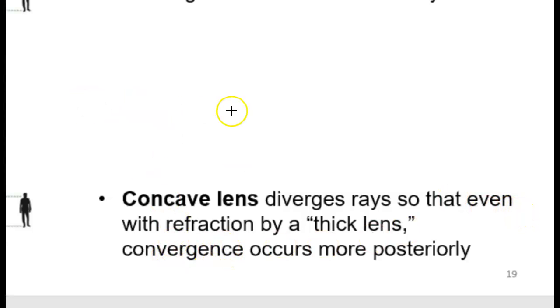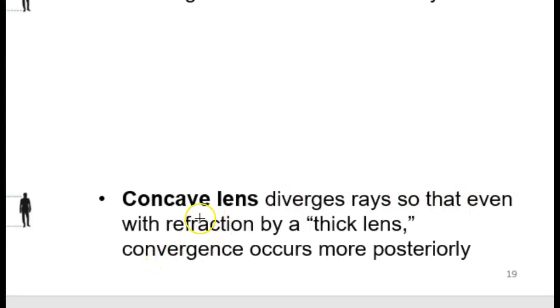But if you're trying to look at a distant object, like somebody really far away, you get convergence too far anteriorly within the eye. And so the light rays, when they spread apart again to hit the retina, are spread quite far apart, and you get a blurry inverted image on the retina.